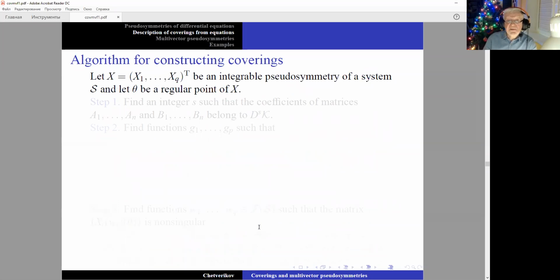This is the algorithm for constructing a covering.